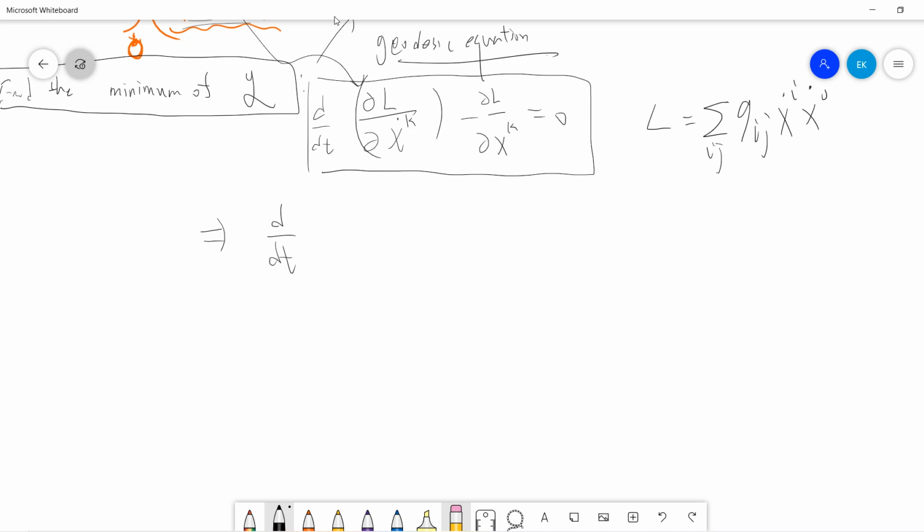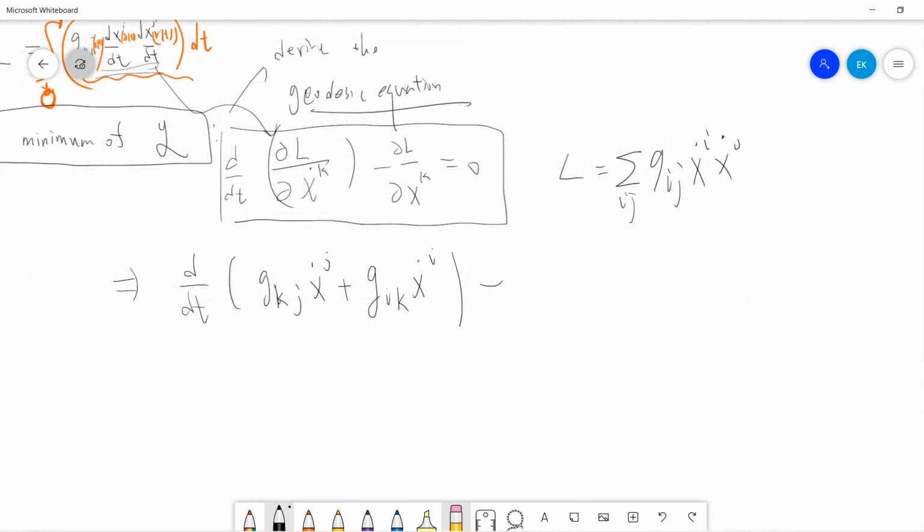One gives G_kj x^j dot, because if i is k then it cancels, plus G_ik x^i dot. Then minus the derivative with respect to x^k. Ignoring summation, I get G_ij x^i dot x^j dot differentiated with respect to k.